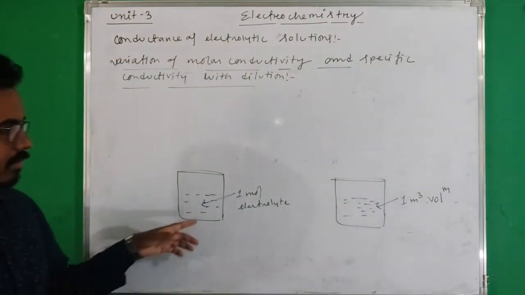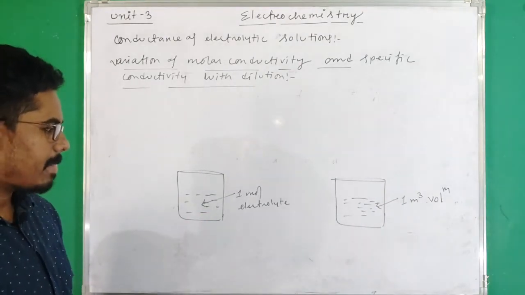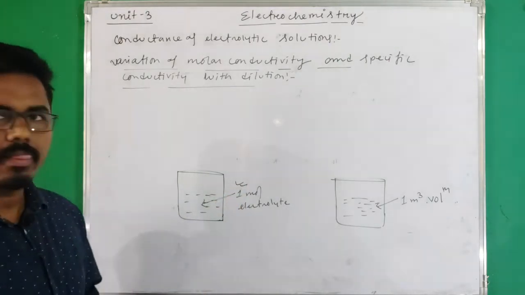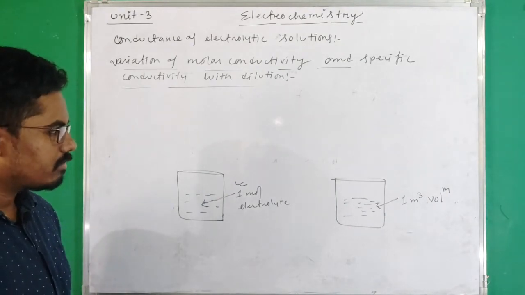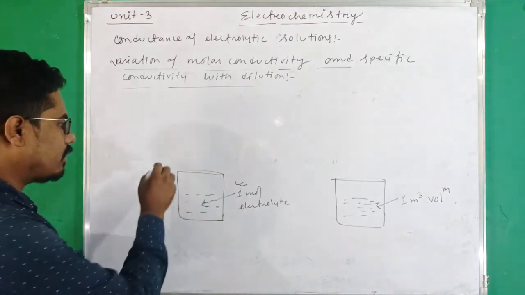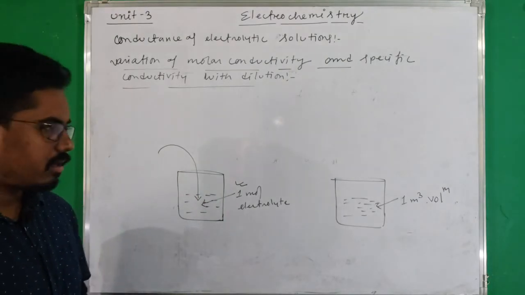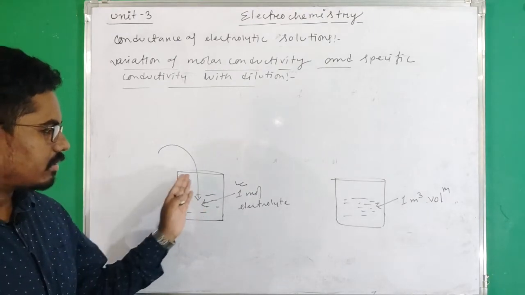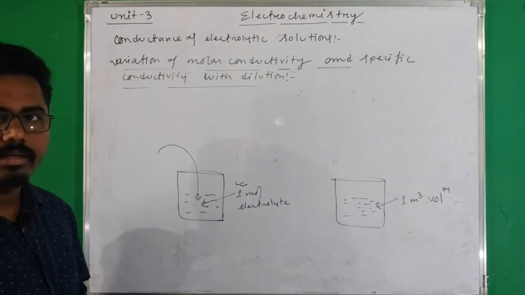The conductivity of the first solution is known as molar conductivity, since we are considering 1 mole of the electrolyte, and the number of moles is always fixed. Now we have to dilute the solution. To dilute it, the number of moles stays fixed, but we can increase the volume by adding some extra solvent. Then the ions will freely move and the molar conductivity will increase.